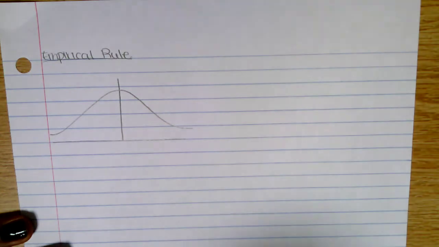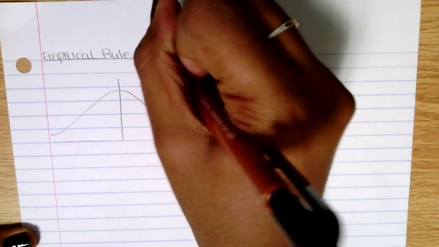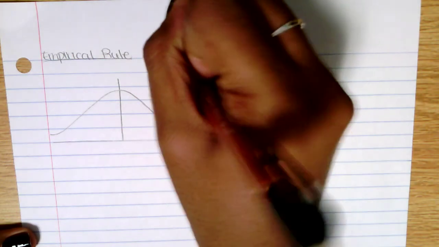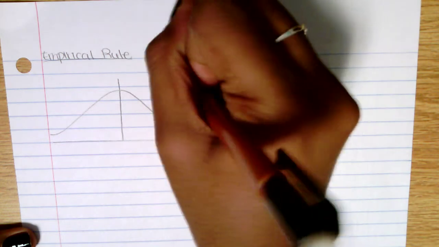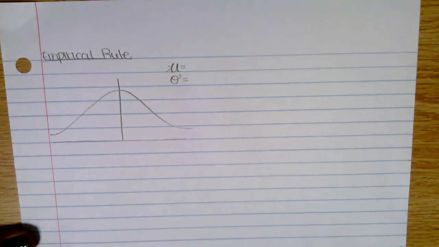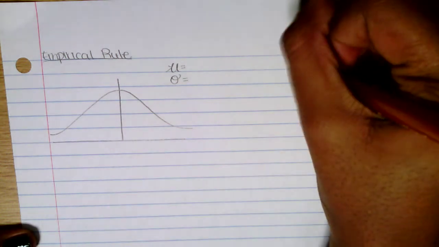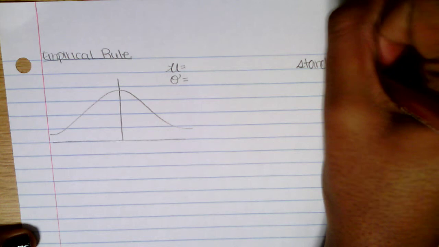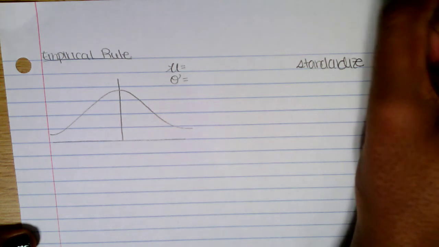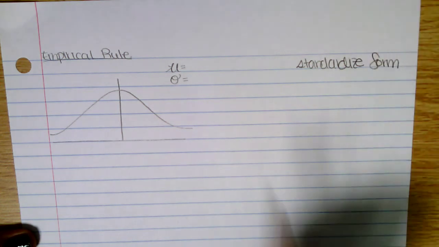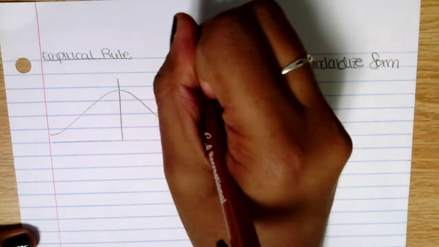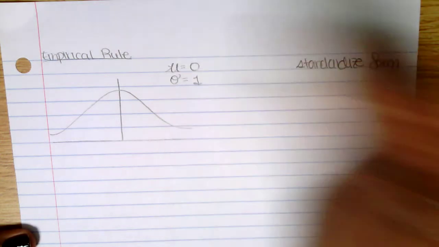If we explain that in simpler terms, what you need to tell how the empirical rule is going to work is your mean and your standard deviation. In this case, we're going to use a standardized form where our mean is going to be 0 and our standard deviation is going to be 1.